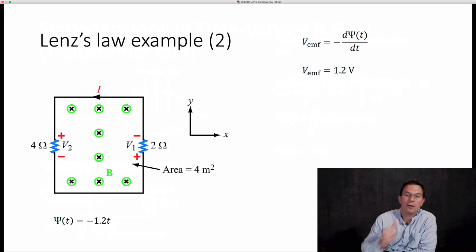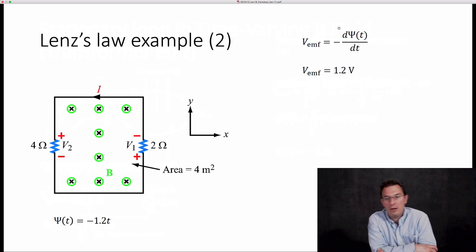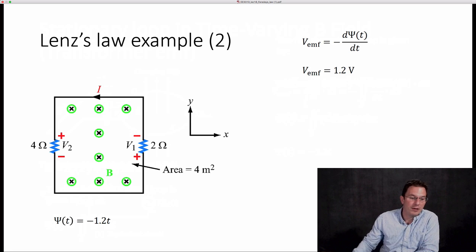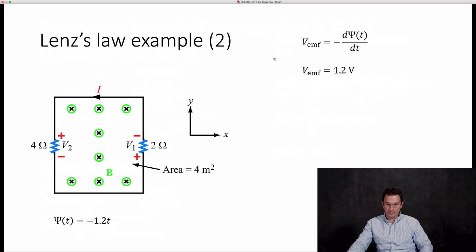Well, remember, we have this little equation, which is that for a single loop, the induced EMF is minus 1 for one loop times the time derivative of the flux. So in this case, flux is negative, the time derivative of 1.2 t is simply 1.2, and the induced EMF here is equal to 1.2 volts, right?